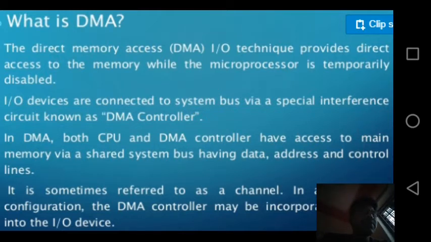The IO devices are connected to the system bus via a special interface circuit known as the DMA controller.